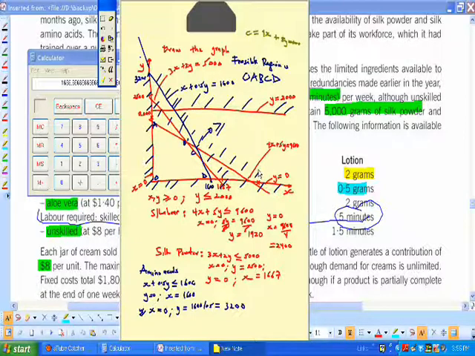So 9x plus 8y is equal to 6,400. What I'm going to try and do is draw this line within the graph. Similar approach. Let me write it down.